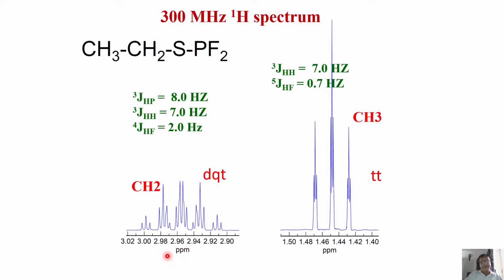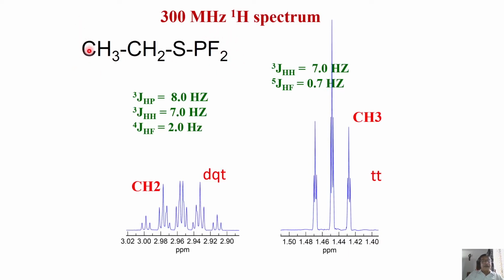That's also correct. Now, this CH3 has to be a triplet because of CH2. We have been utilizing this idea for quite some time. So it is a triplet. But each line of the triplet is additionally a triplet. How is it possible? This can happen only when the CH3 has a long range coupling with fluorine.